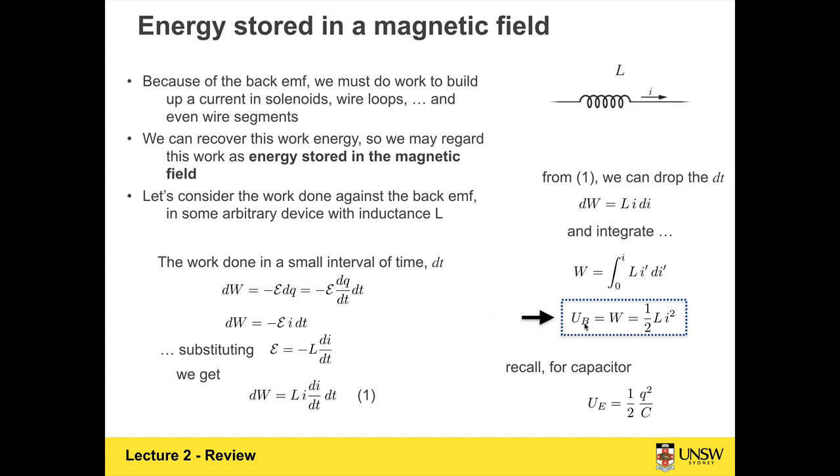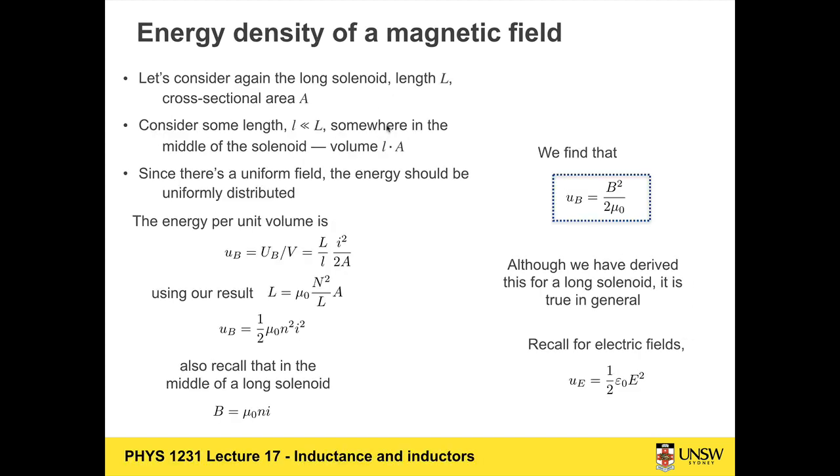We are able to determine, much like we did for the parallel plate capacitor, that you can store energy in an inductor, and this energy can be written in terms of the current and the inductance. But also, at least for the solenoid, you could write this in terms of the magnetic field, and we did that in 1B.